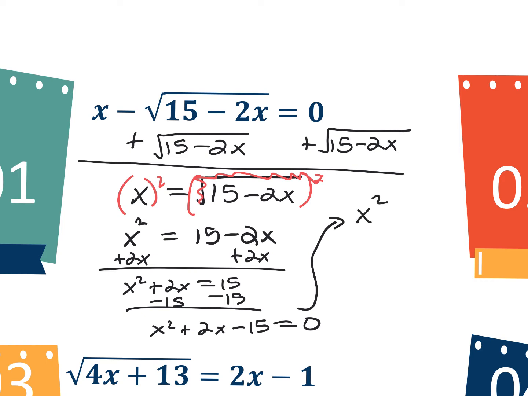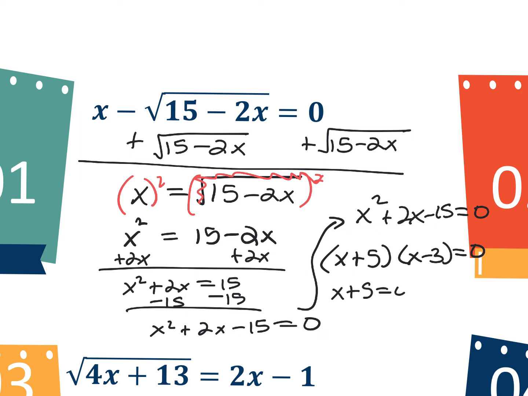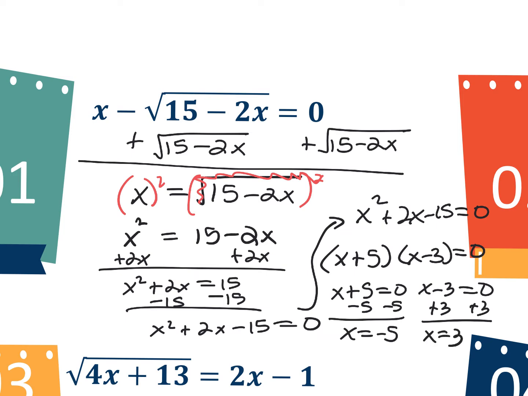I need to find the factors of negative 15 that when I combine them, I get a positive 2. And those factors are going to be positive 5 and negative 3. I now need to set each of my factors equal to 0. Solve for x. First one I subtract 5. So my first solution is x equals negative 5. My next one is x equals positive 3.